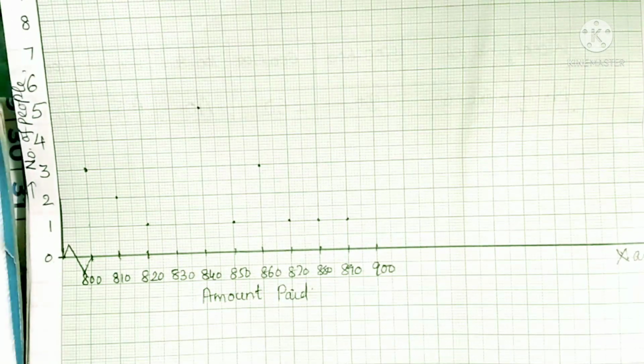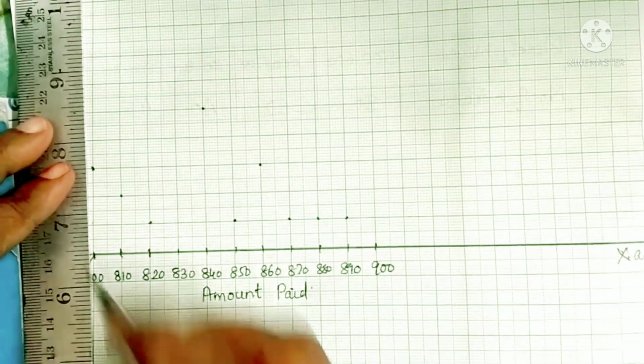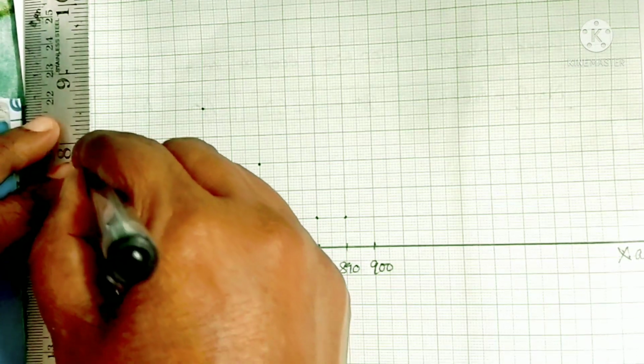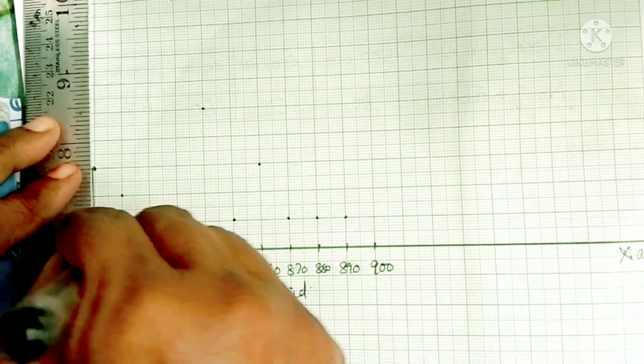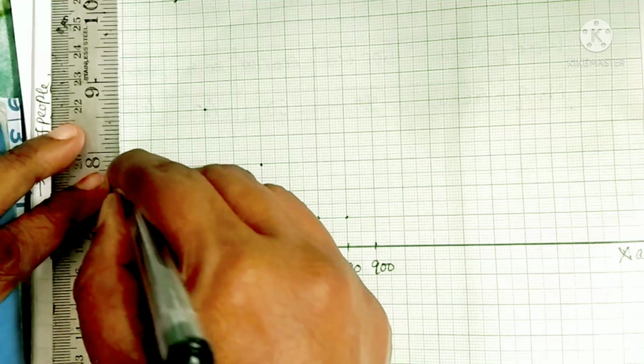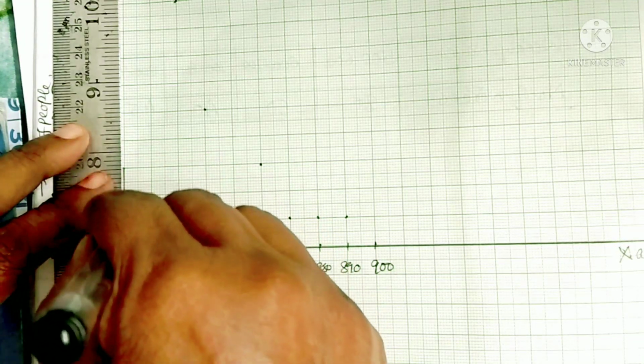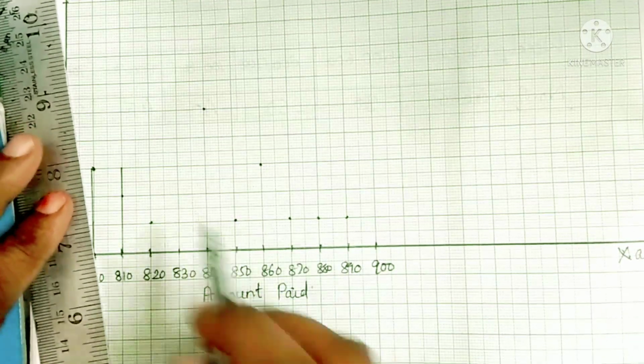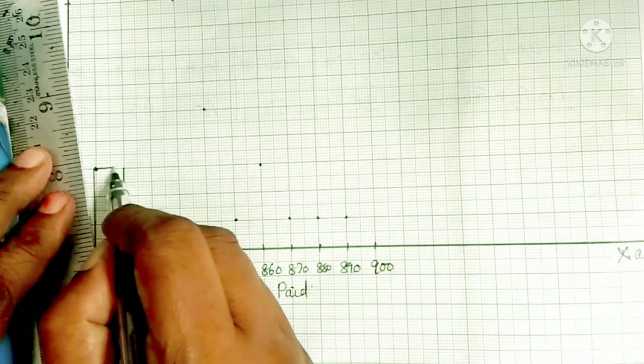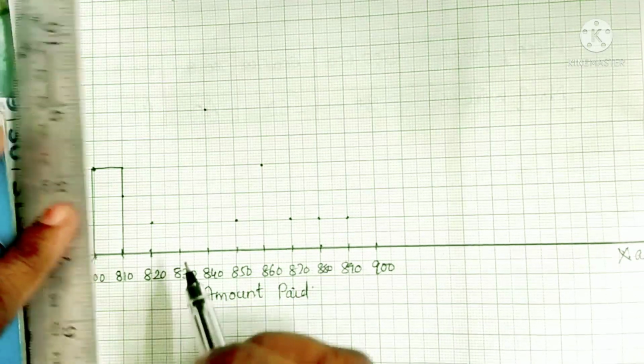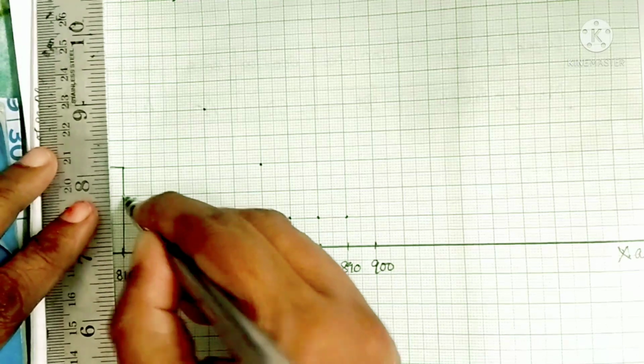So now we need to draw the bars. So here 800 to, this is the bar. Next bar is from here to draw.